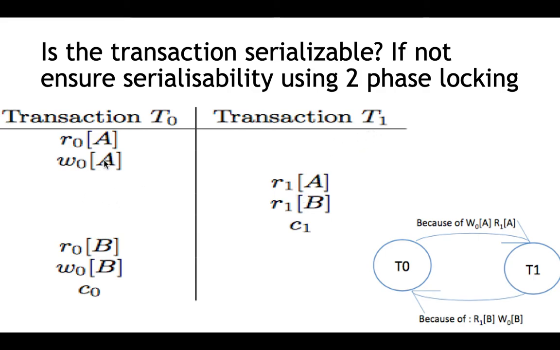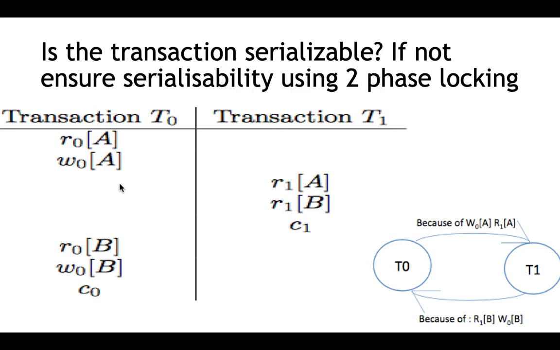So if A is locked at this stage and then this operation comes, that is T1 tries to read A, it won't be able to read A. Why? Because it is locked by this transaction. So it would have to wait until that lock on A is released. So hope you get the picture.